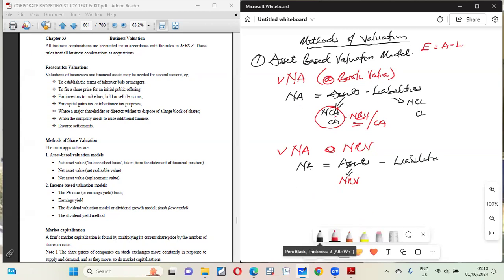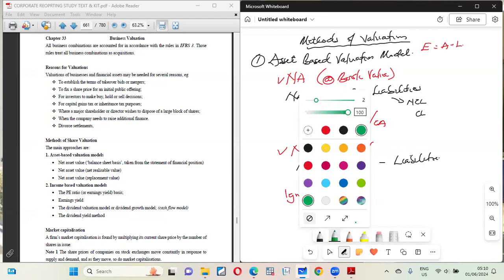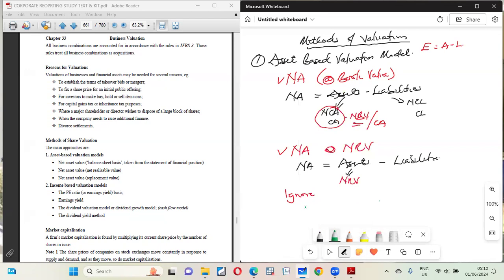So whatever is there, you pick, including the internally generated goodwill. But here, what you are going to do is that you need to ignore internally generated goodwill. You need to ignore it.